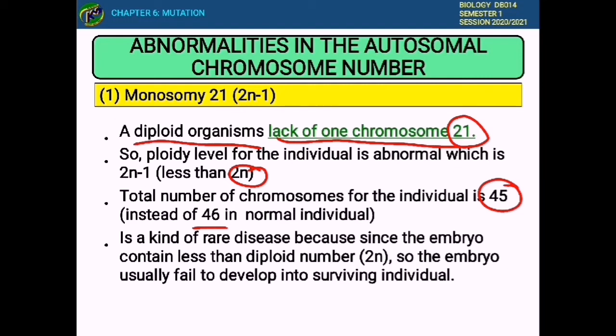It is a rare disease, because the embryo contains less than the diploid number 2n, so the embryo usually fails to develop into a surviving individual. Mostly the babies with this disease die during the embryo stage.